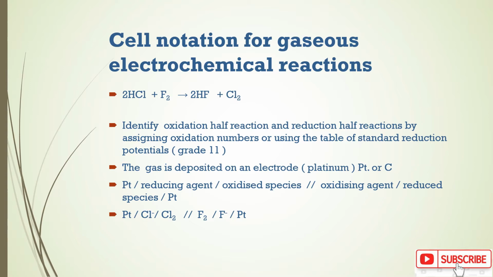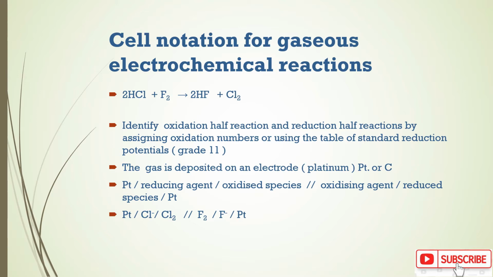What you must do is identify the oxidation half reaction and the reduction half reaction by using oxidation numbers, or by using the table of standard reduction potentials as taught in grade 11. The gas is deposited on an electrode, platinum or carbon. Platinum and carbon are inert electrodes as explained in the previous audio.